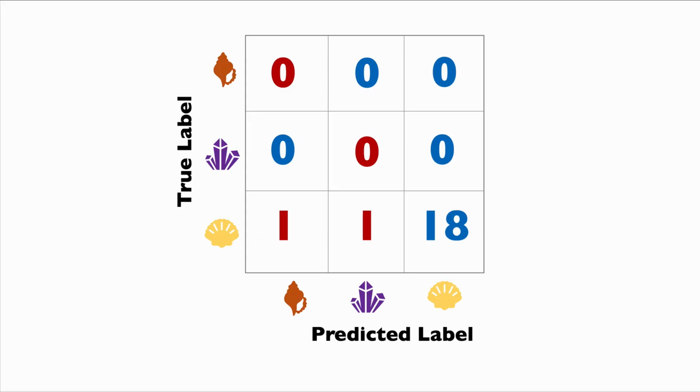And if we do this with the imbalanced classes, we get the same result. We see immediately that we have 18 bivalves and they've been correctly predicted. However, the gastropod and the quartz crystal are incorrectly predicted to be bivalves, and the imbalance in the class is immediately visible in the confusion matrix.